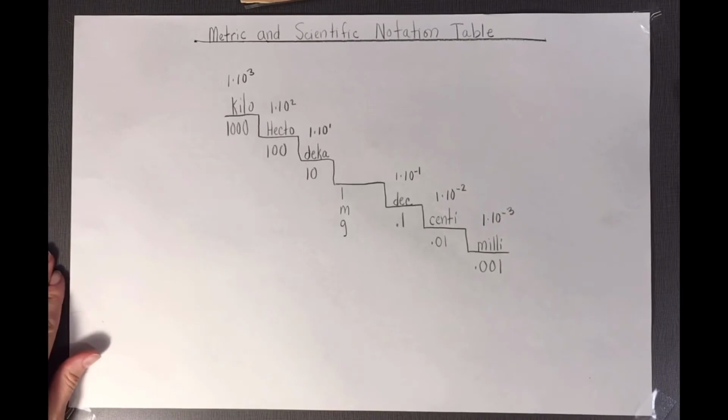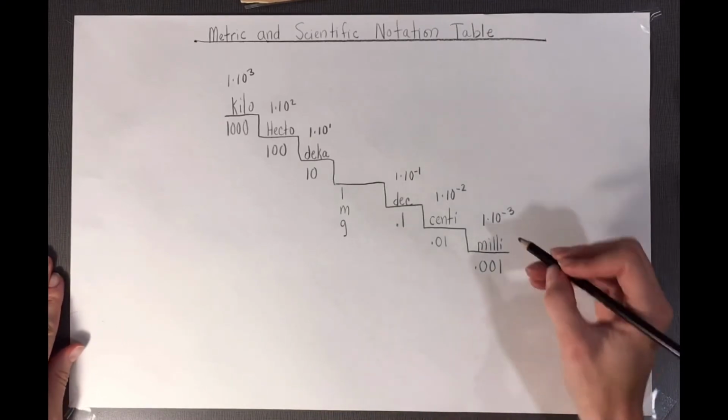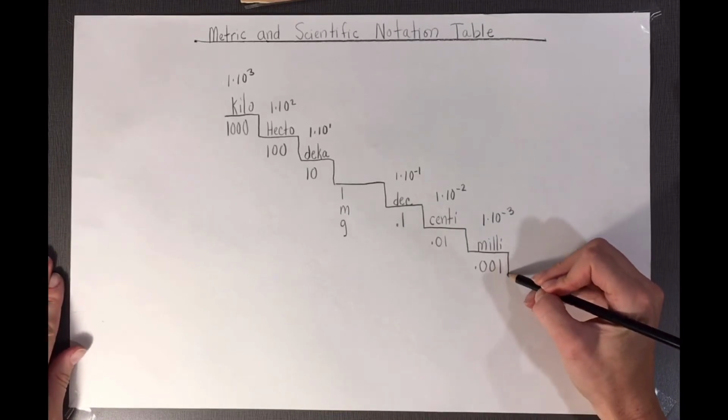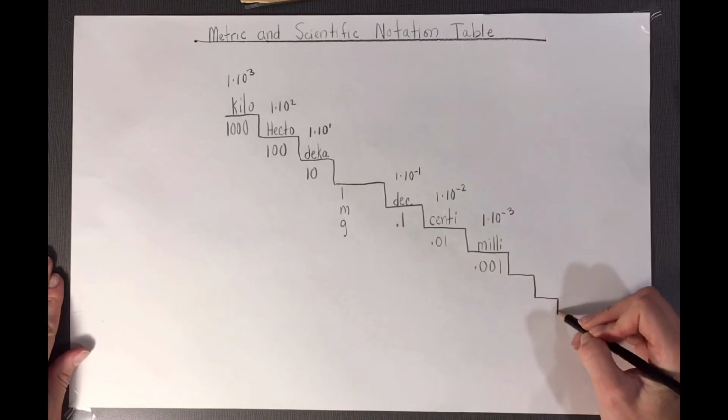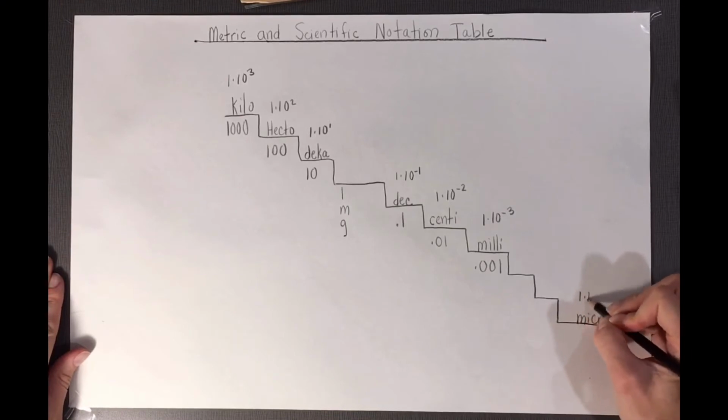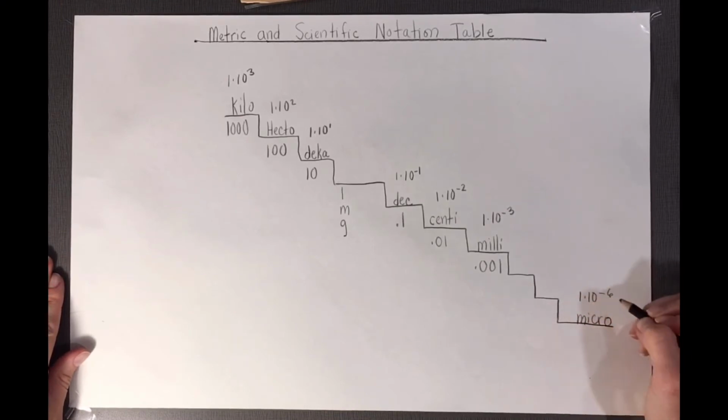In this class, we also talked about a micro and a nano. In laboratory settings and in hospitals, the micro is often used. So if you go down 3 more steps, 1, 2, 3, this is the micro at 1 times 10 to the minus 6.